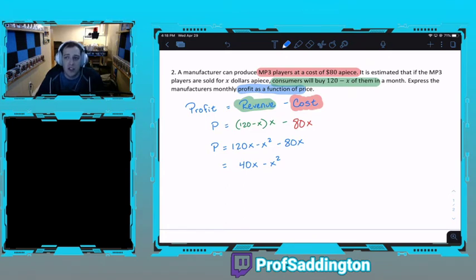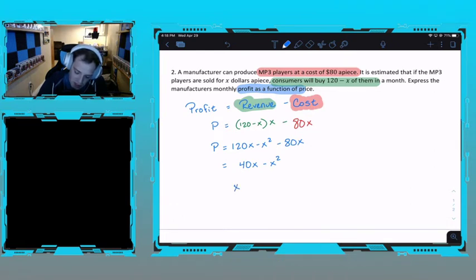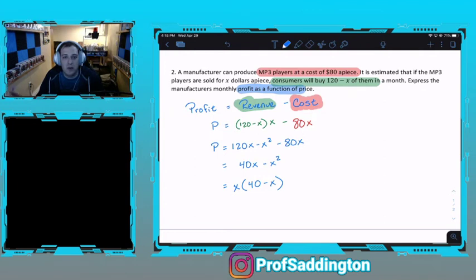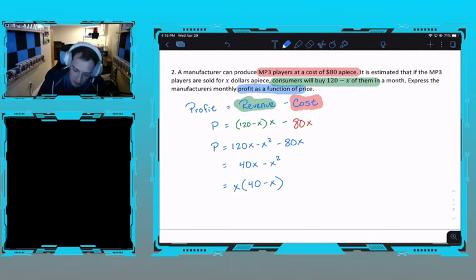And now this function can be factored. We can pull an X out of both of those. So we're just doing GCF. I could pull out the X, and I would be left with 40 minus X. And now we could solve it, and we can figure out what the prices are.